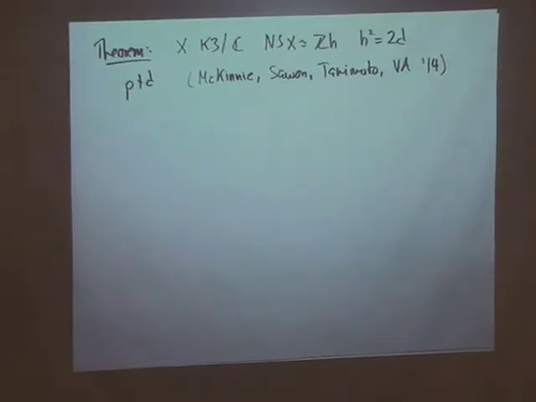It's sort of a jazzed up version of the lattice computation that I showed you last time. It's a lot more involved to actually get a result, but in the end, the result is very similar.